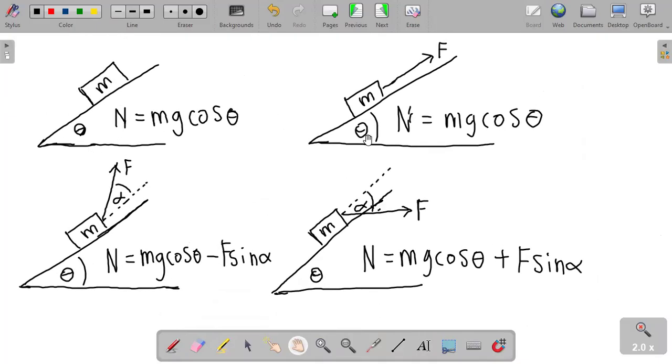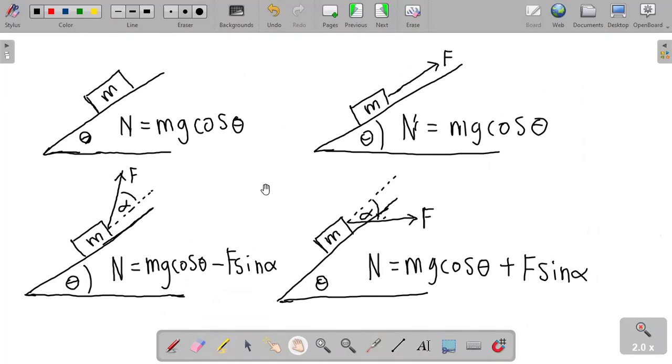So the surface is not a horizontal surface, it's an inclined surface. And you have to know how to calculate the normal force. And by the way, like I said before, you will not find this on the sheet, so you should know it and you should know how to use it.